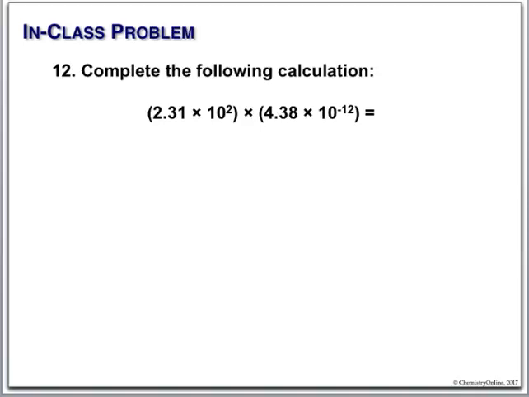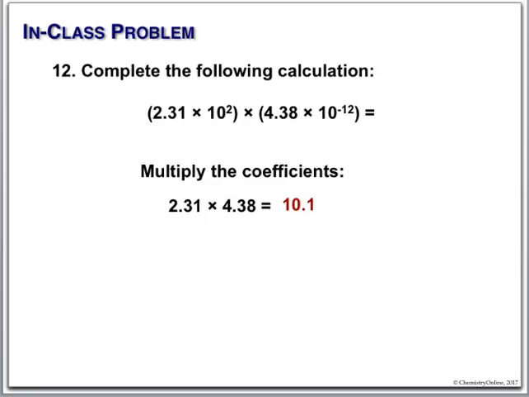So the manual way, according to the tutorial, first thing you would do is simply multiply the coefficients. So 2.3 times 4.38, this gives us 10.1. Again, this is the manual method.